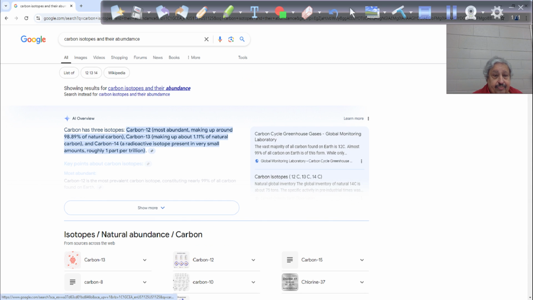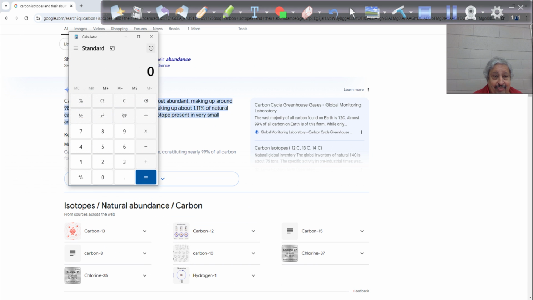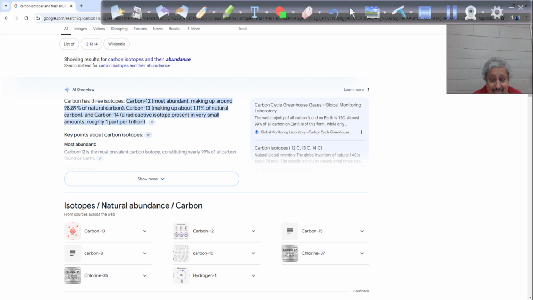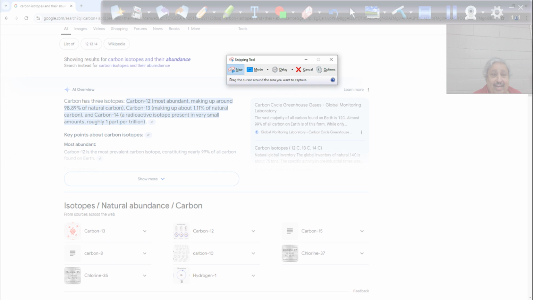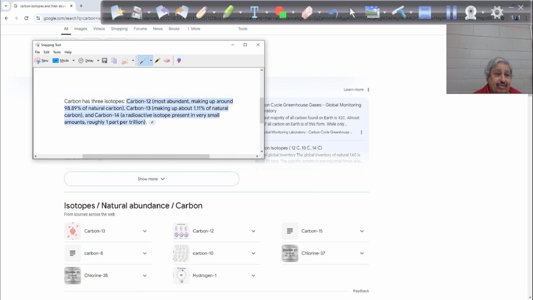So it is carbon-12, 98.9, correct? So here it is, and I'll take a snapshot of this. You do have 1 minute, guys. Cool yourself down. We'll come back and look at this together. I'm saving this one here for next time.